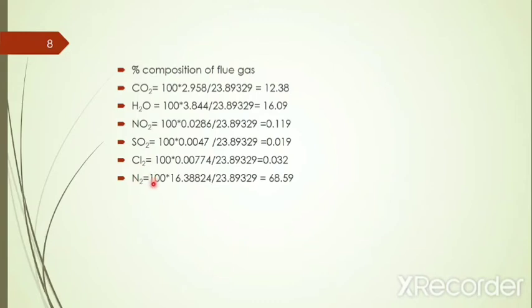So if you are using air for combustion, this is the problem. Mostly our product will be inert nitrogen, that is 100 into 16.38824 divided by 23.893 is 68.5. So around 70 percentage we are getting as nitrogen itself, and 12 percentage is carbon dioxide, 16 is water vapor, and excess oxygen will be 2.85 percentage.